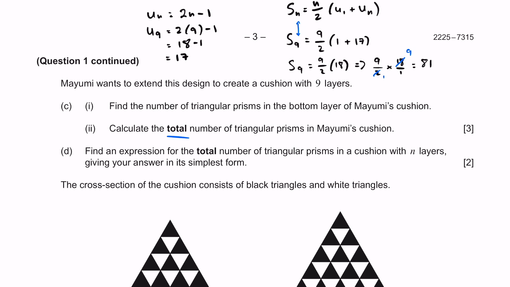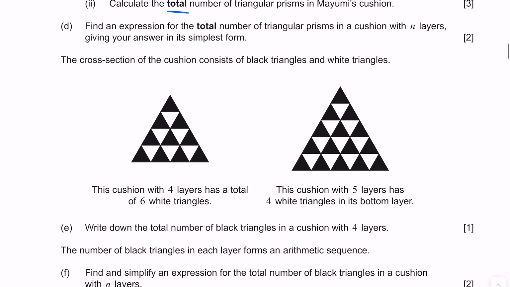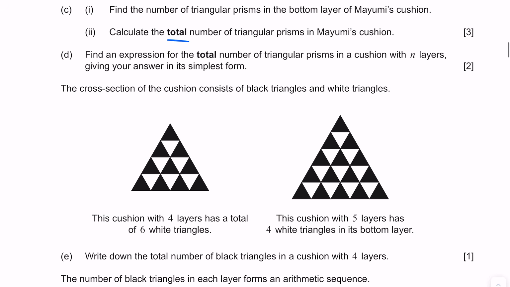Okay, so let's write that out. Sn is equal to n over 2 times (2u1 plus (n minus 1)d). And this was in the formula booklet, once again.